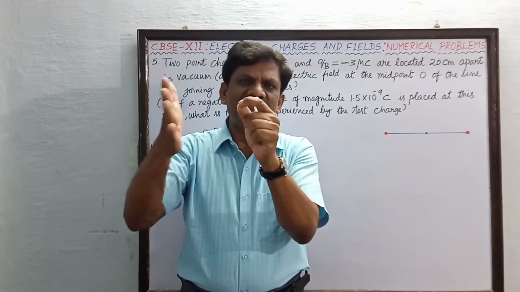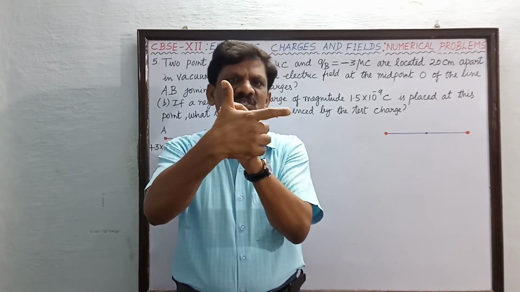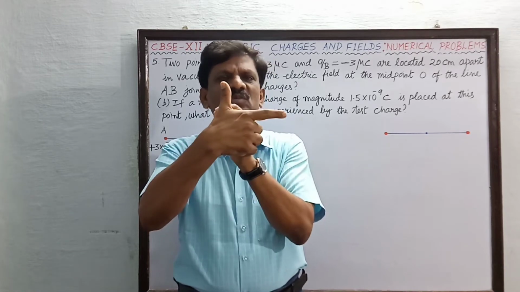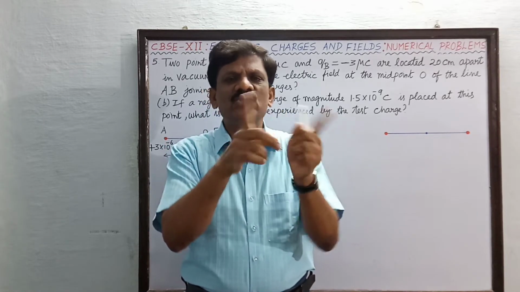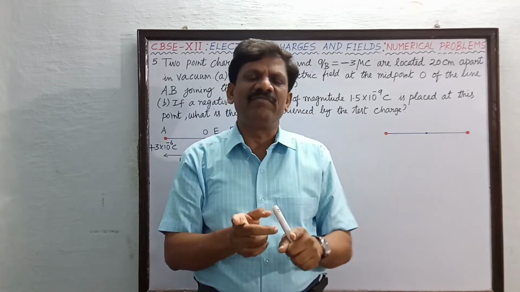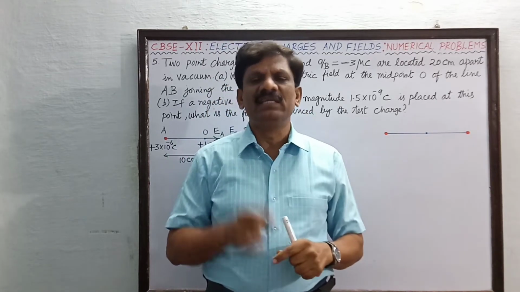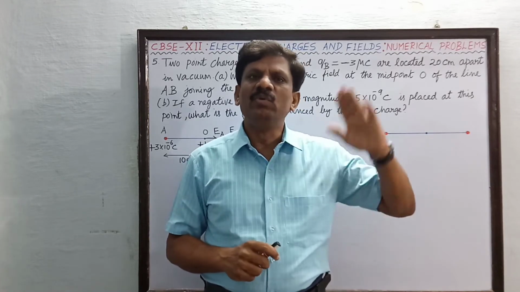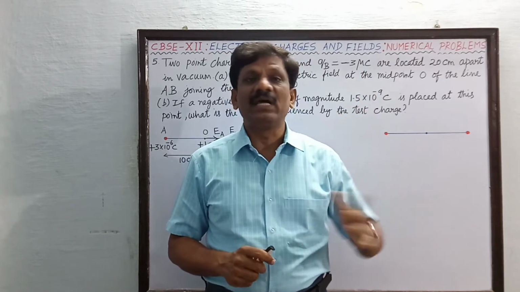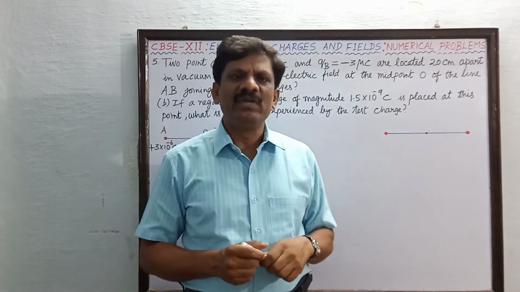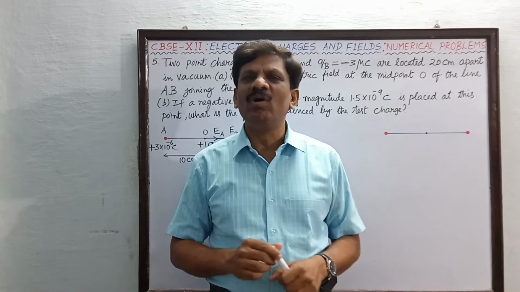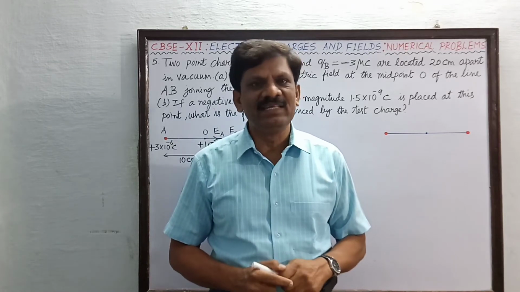One is the repulsive force from A, that is towards OB. The other one is the attractive force towards B, that also is O to B. So the directions of the electric field EA due to the first charge and EB due to the second charge are both in the same direction. So we have to find the net electric field at the midpoint O by adding EA and EB.